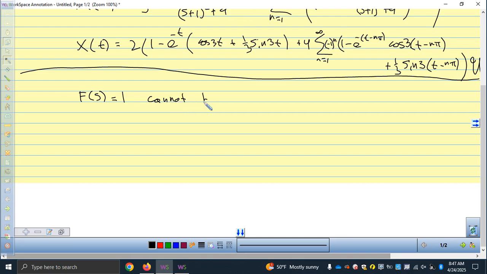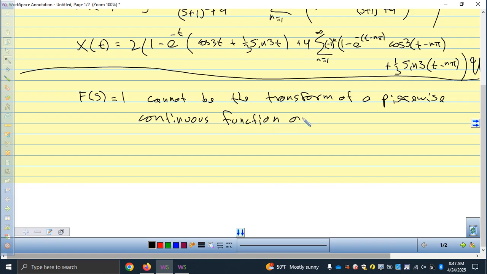This cannot be the transform of a piecewise continuous function on 0 to infinity of exponential order.